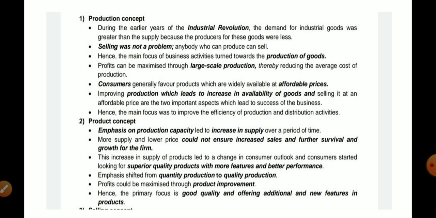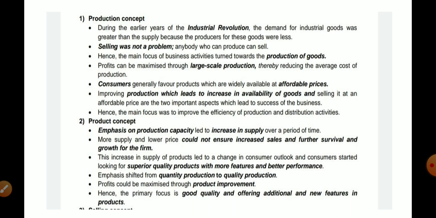Selling was not a problem for them, so they used the production concept. Hence, the main focus of business activity is just on the production of goods. They earn profit by large scale production, whereby the average cost of production reduces. As you know, the more goods are produced, the per unit cost reduces.